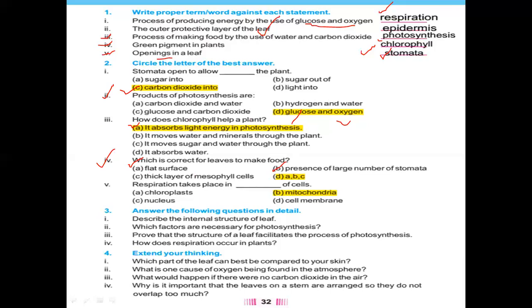Presence of a large number of stomata is there, yes. Thick layer of mesophyll cells, yes, all three. That's why we have mentioned D, because all are correct for that food making process, that is photosynthesis. Number 5, respiration takes place in dash of cells. What is that? Yes, mitochondria, and photosynthesis is done in chloroplast. Well done.